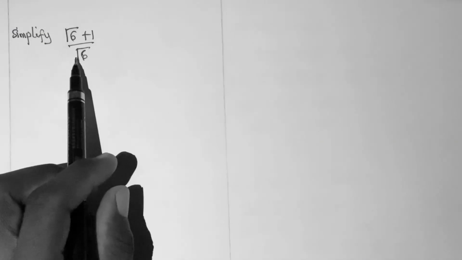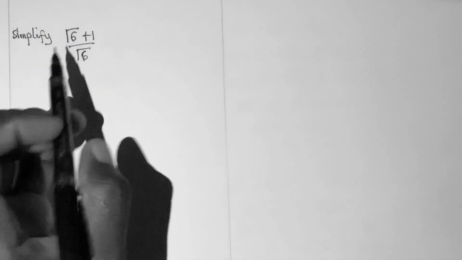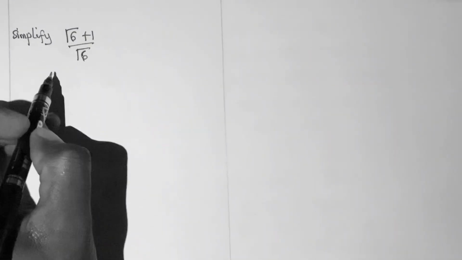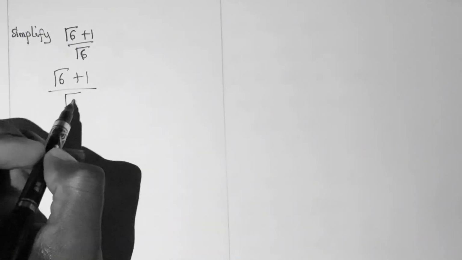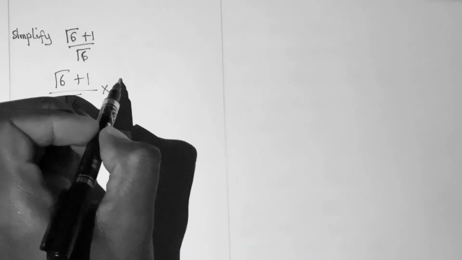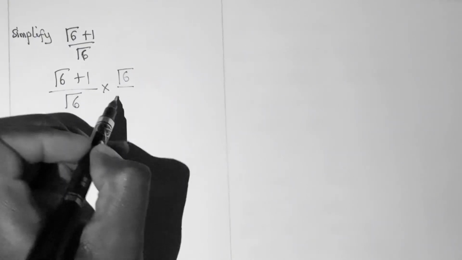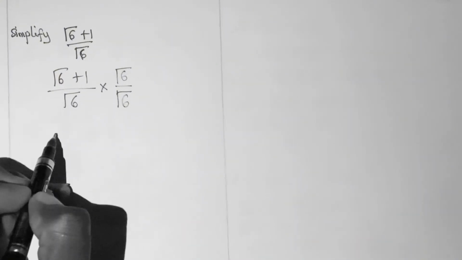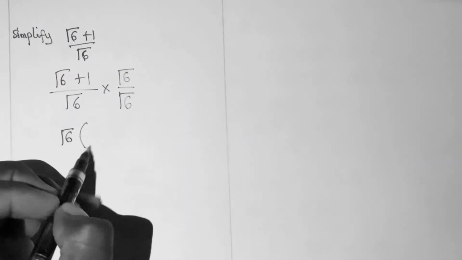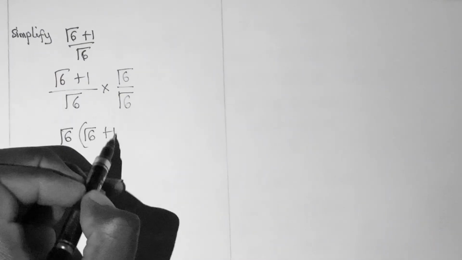Simplify square root of 6 plus 1 divided by square root of 6. So what we need to do is to rationalize. So this becomes square root of 6 plus 1 divided by square root of 6. So multiply the numerator and denominator by square root of 6. So this becomes now square root of 6 times square root of 6 plus 1.